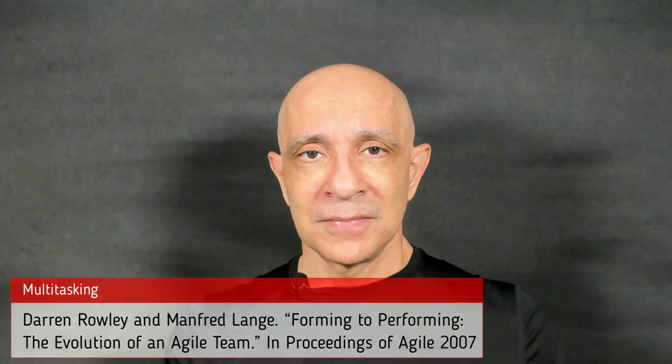In 2007, at the Agile conference, there was a presentation, and I'm going to quote from it. Multitasking makes you stupid and slow, while increasing stress and accelerating aging. Their words, based on several studies. So, multitasking doesn't work and is really bad for you, for your team, and for the business.